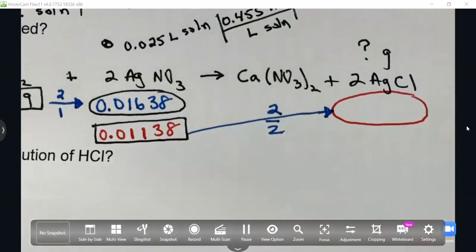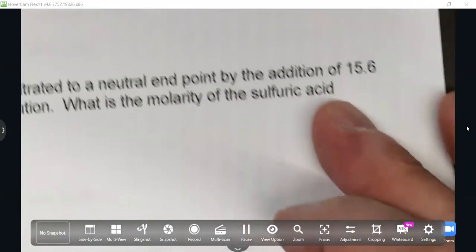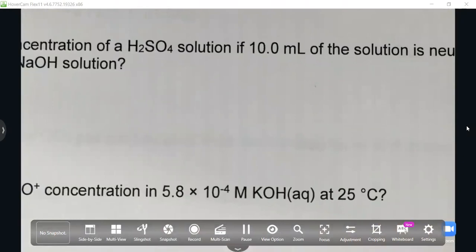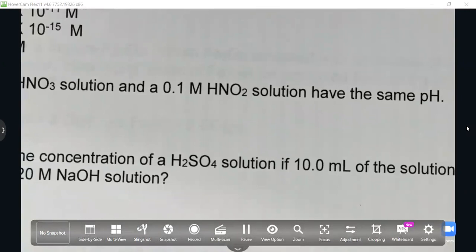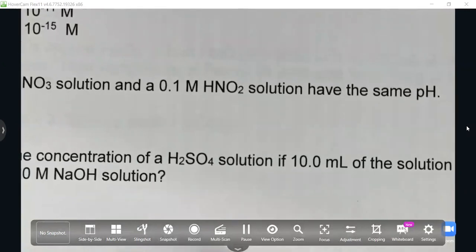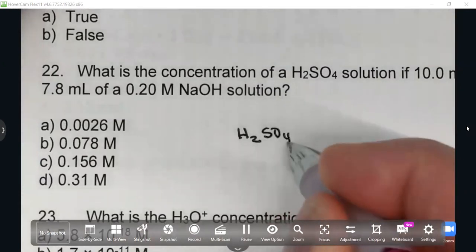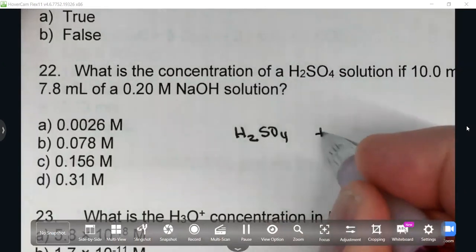Okay, let's see. We got a OH minus calculation there. We got a pH. We got 2 volts. Okay, let's set up 22, at least the reaction, and then we'll get all your reactions set up, I think. For 22, we have H2SO4, and that would be an aqueous solution plus NaOH.